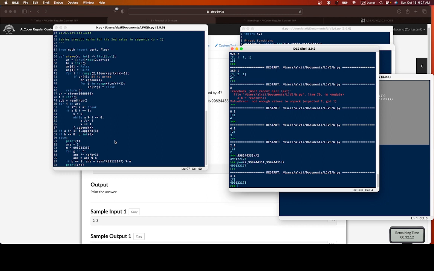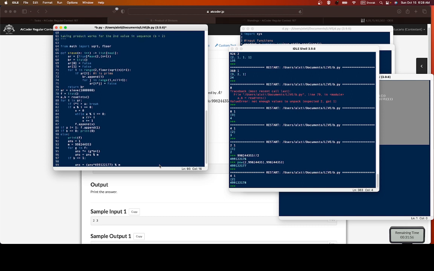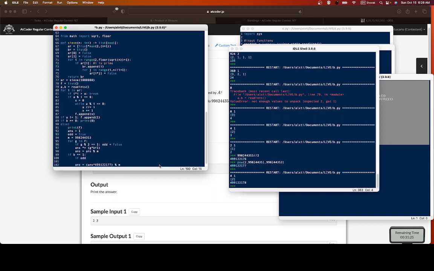If it's odd, we have to subtract 1 first. Subtract 1 if the answer is odd.